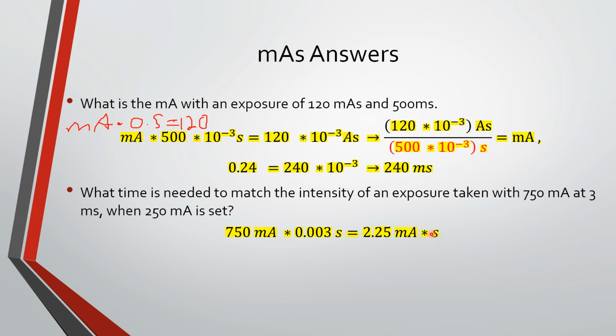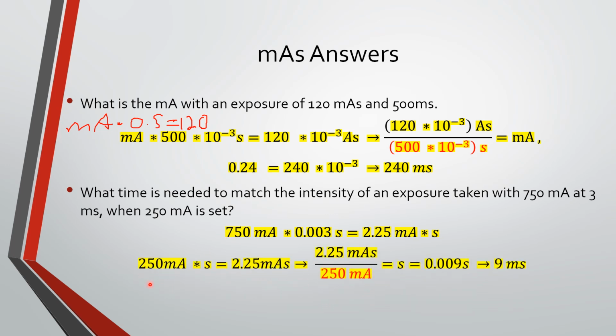We want to keep that intensity the same with 250 mA, so we know what the mAs needs to be already. We put the 250 mA here, the time is unknown, and we set it equal to 2.25. We can divide both sides by 250.